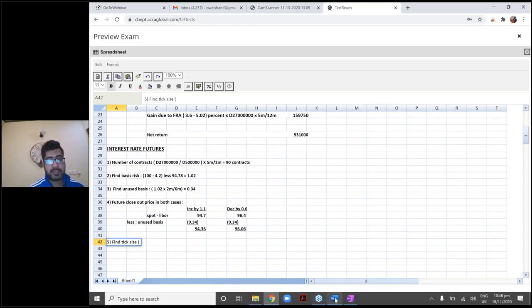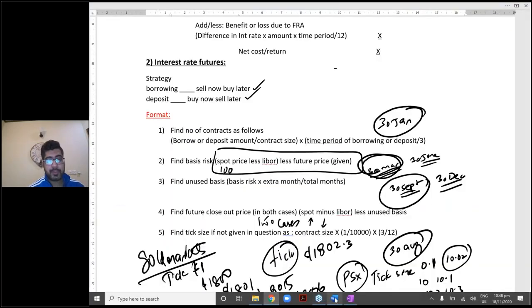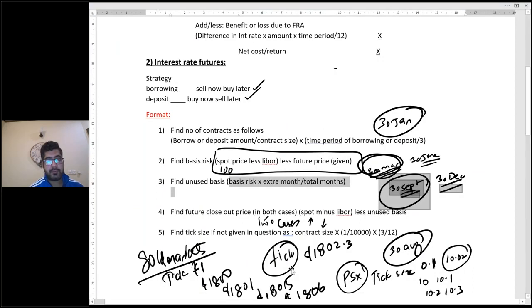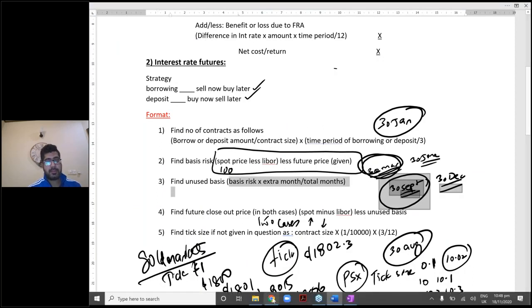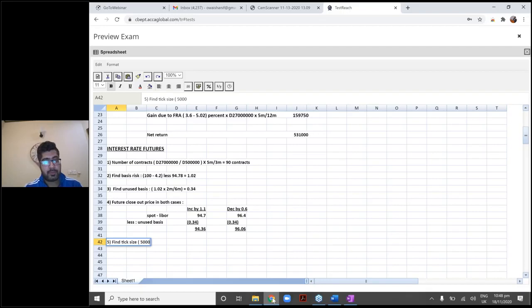The formula for tick size is contract size into 1 over 10,000 into 3 by 12. Contract size is 500,000. So it's 12.5.